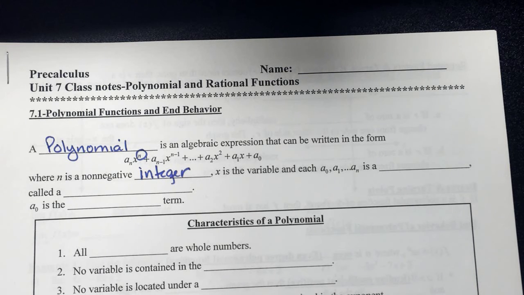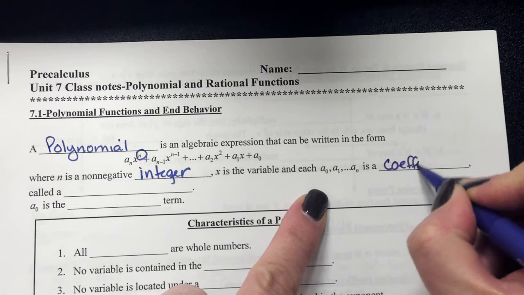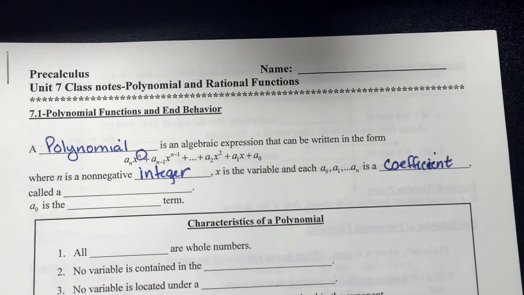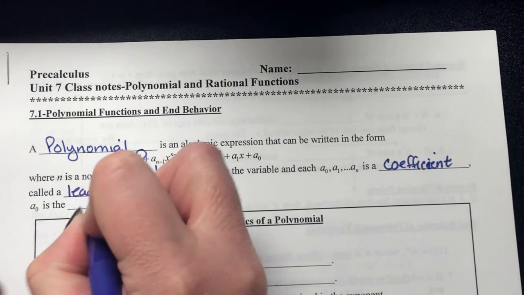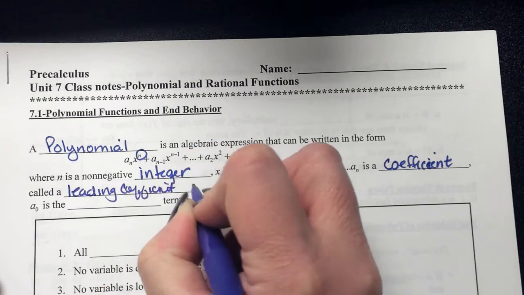X is the variable, and each number in front of x is a coefficient. Remember, a variable cannot stand alone. It will have a coefficient. Remind me again, if there's no number written in front of the x, what is the coefficient? 1. All right? And it is called a leading coefficient, a sub n.